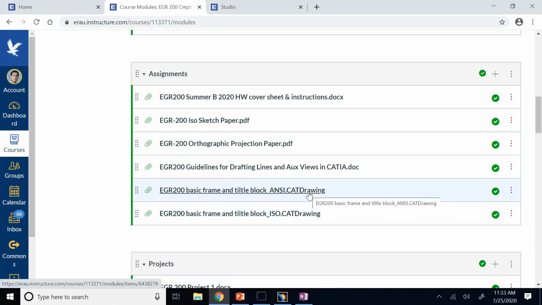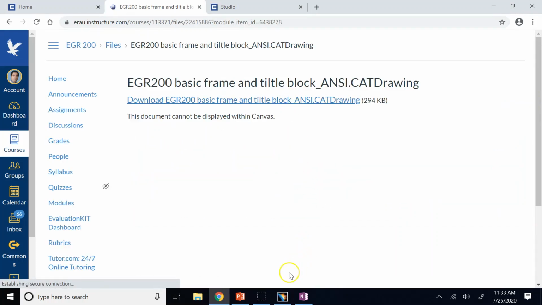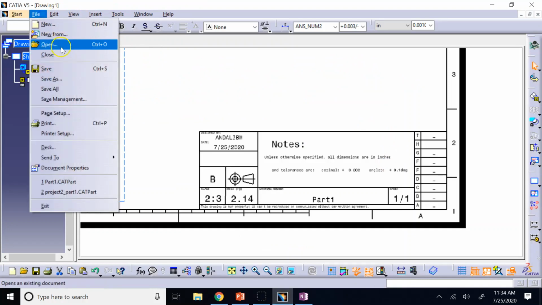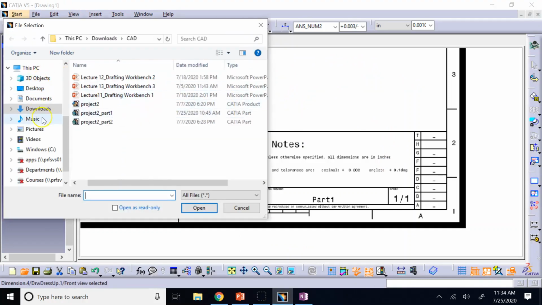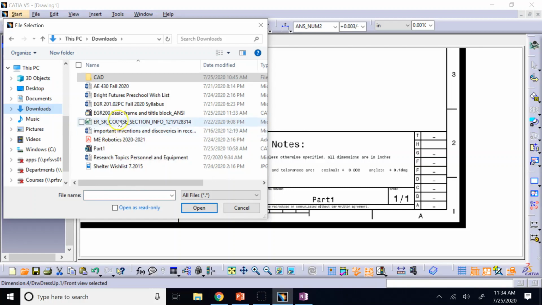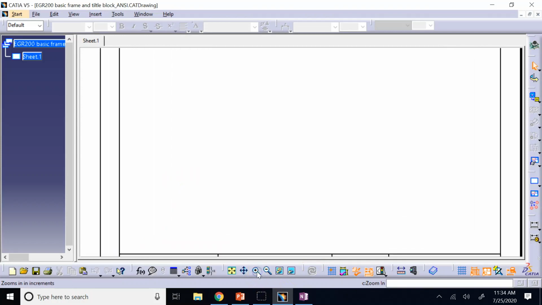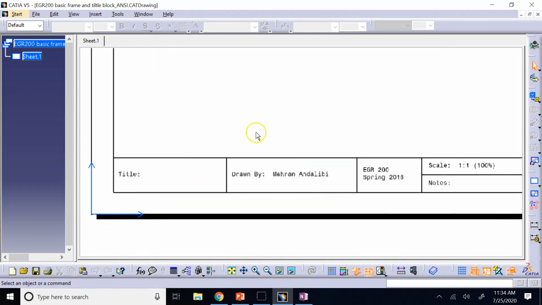So if you get this frame and title block under assignments for ANSI, you can create your drafting on this one. So here I go and open it. And this frame and title block, as you can see, is way more efficient. Right?